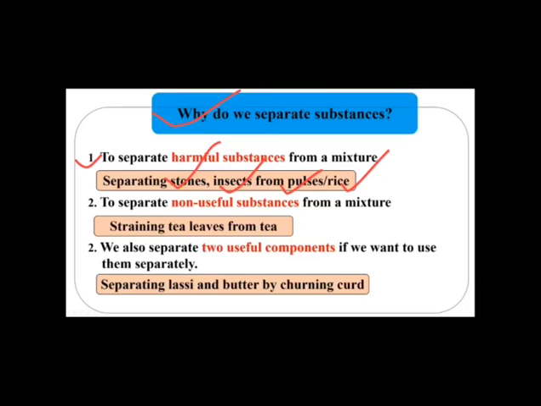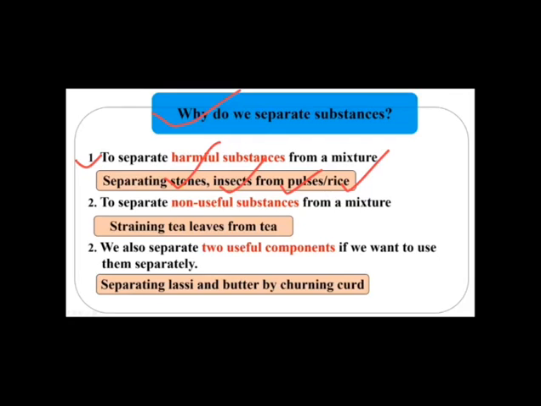First of all we pick up the stones and insects from the pulses or rice, and after washing we cook them, right? So what we have done is separate the harmful substances from a mixture.